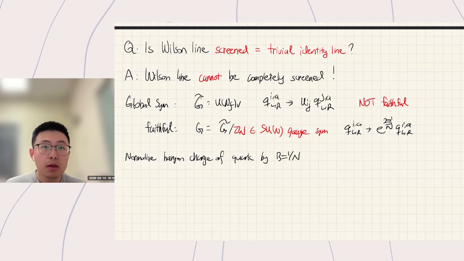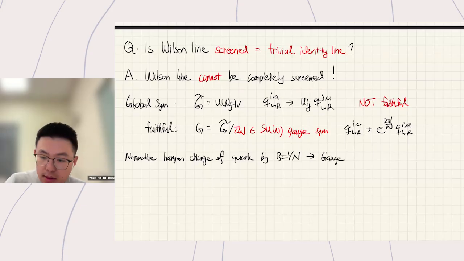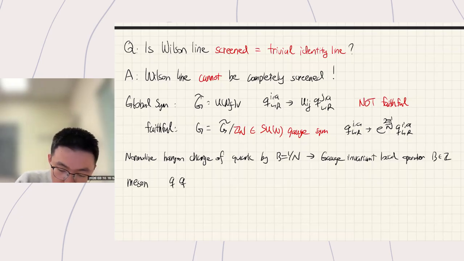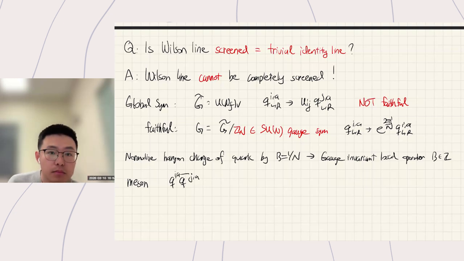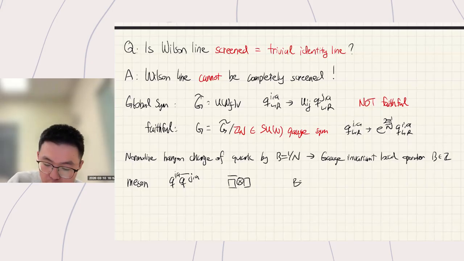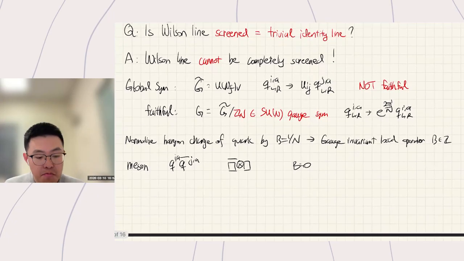But if we only care about gauge-invariant local operators, then we'll notice that all of them have integer baryon charge. Consider, for example, the mesons. The mesons are a combination of Q and Q bar, and they form representations that are tensor products of the fundamental and anti-fundamental representations. The baryon charge of mesons is, of course, 0.